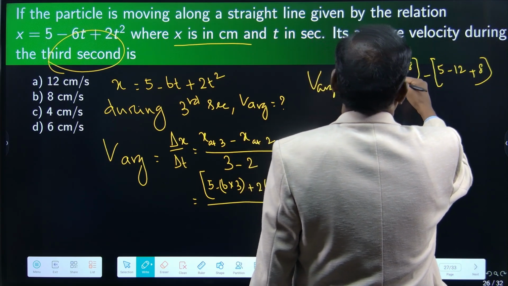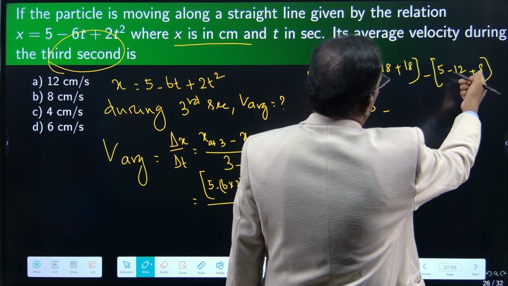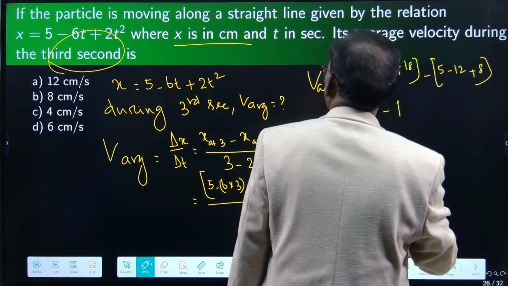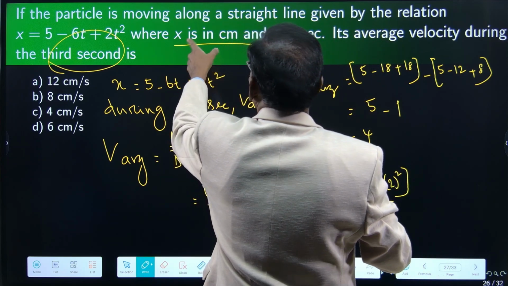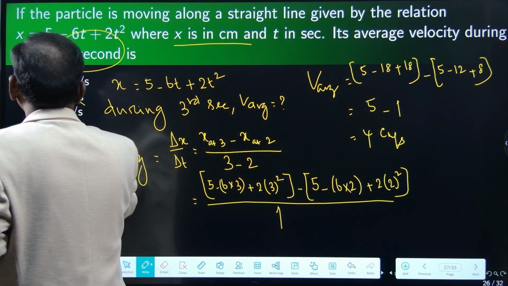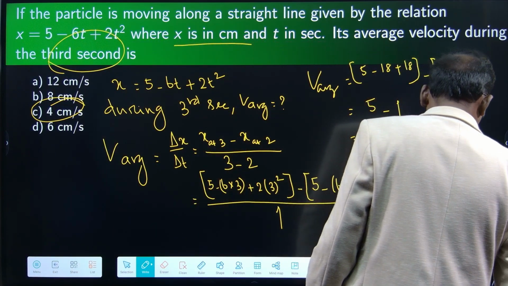So 18 and 18 are cancelled. 5 minus 5 plus 8 is 13. 13 minus 12 is 1. 4 meter per second or centimeter, where x is in centimeter. So the unit is centimeter per second. 4. Option C. 4 centimeter per second.